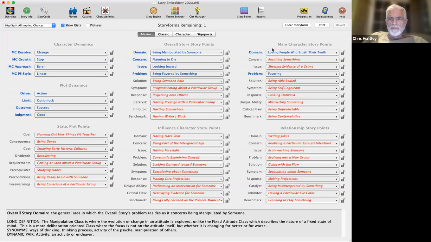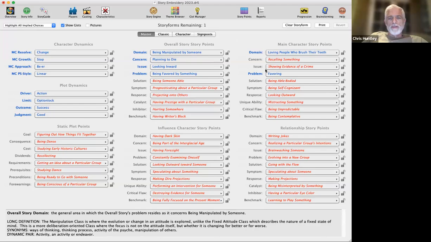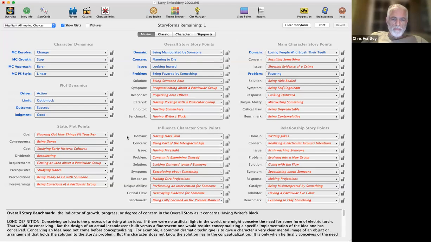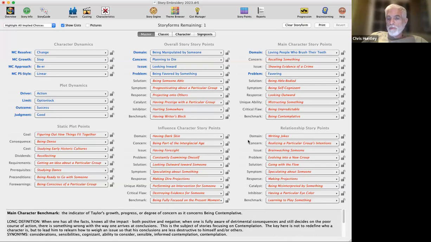When you start to look at it, you can start to see here's an influence character having dark skin, writing jokes, the relationship domain. So you can imagine the kind of scenarios that might fit into this somehow.